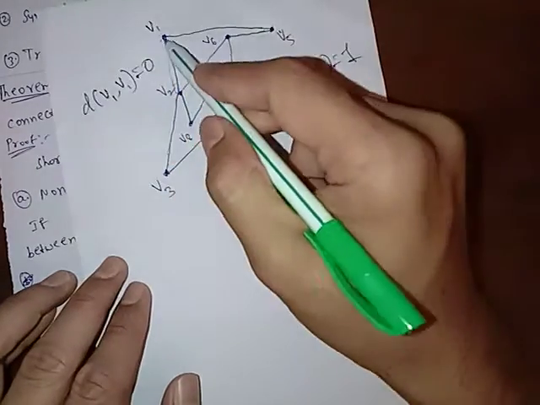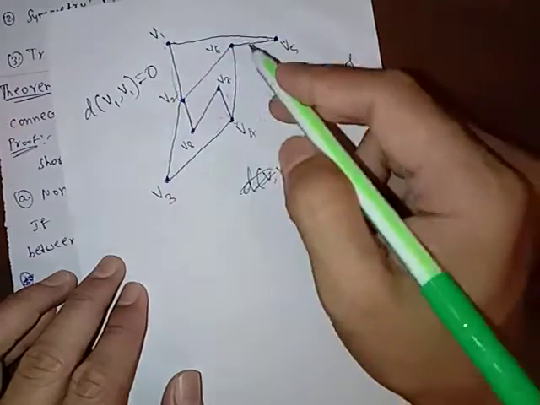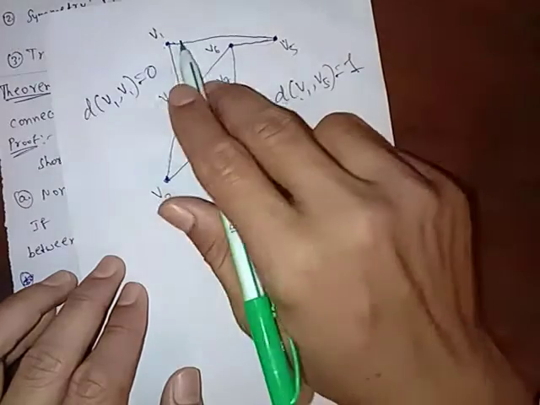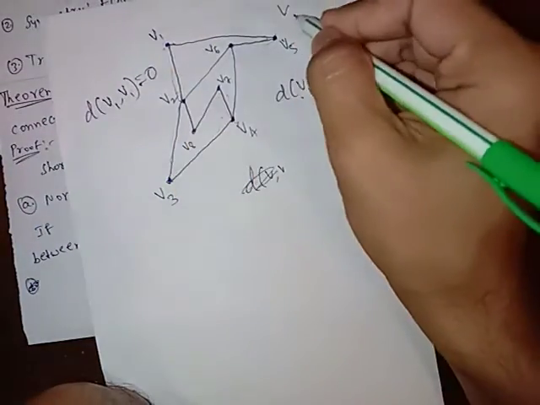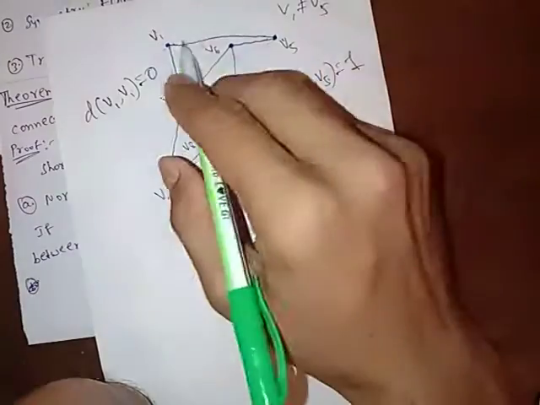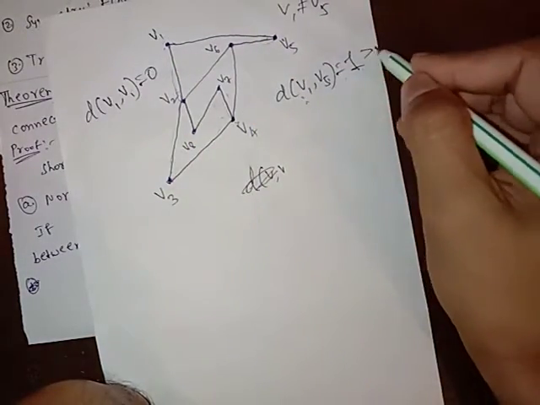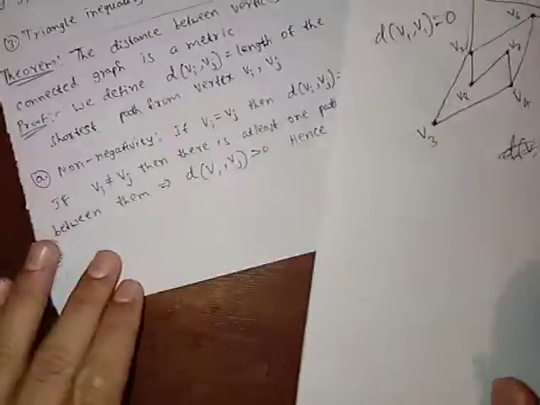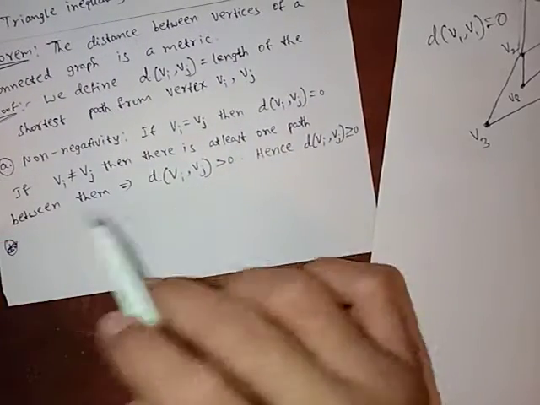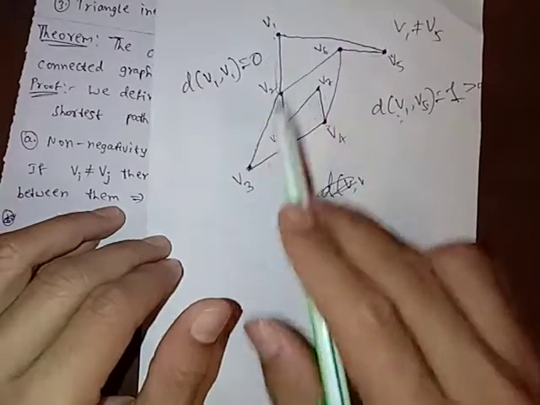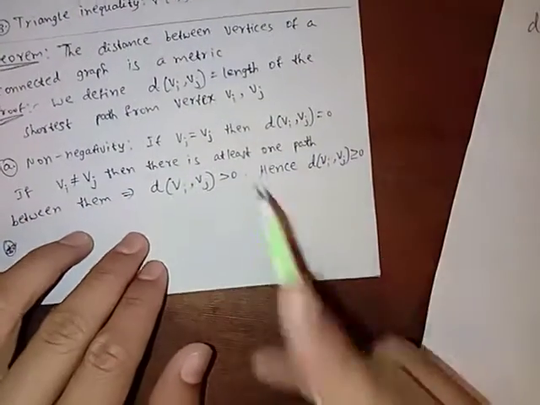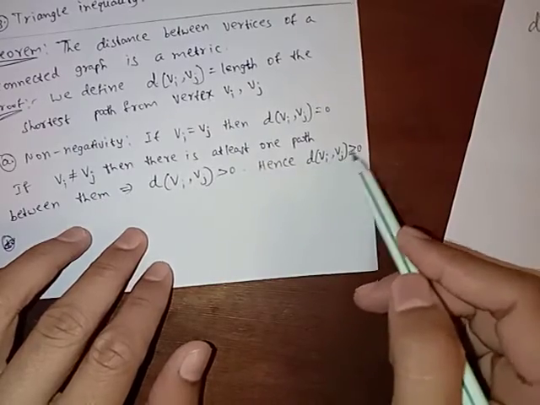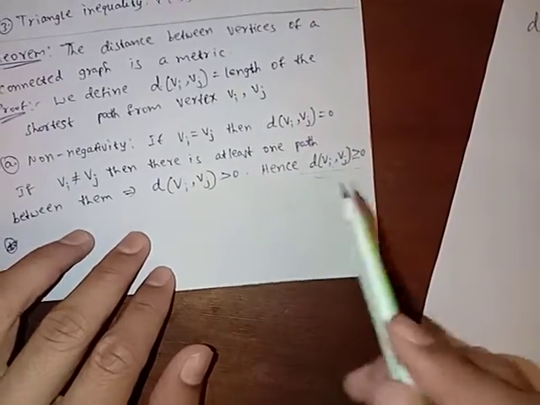For example, V1 to V5 has at least one path, so the distance is greater than 0. Distance is non-negative; it cannot be negative. Hence, it shows non-negativity.